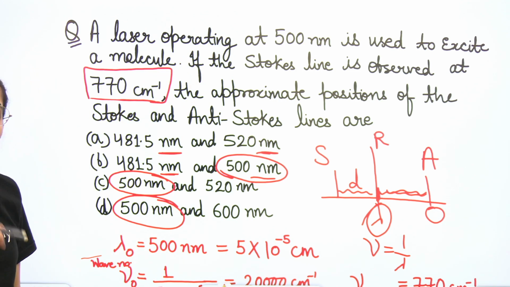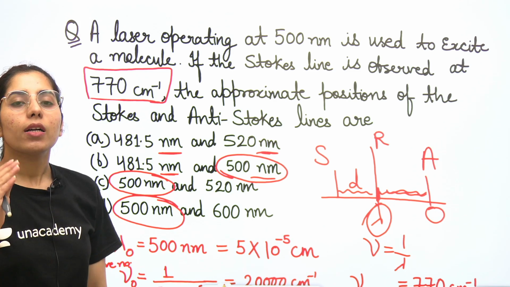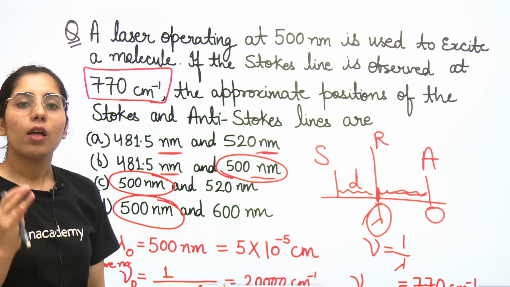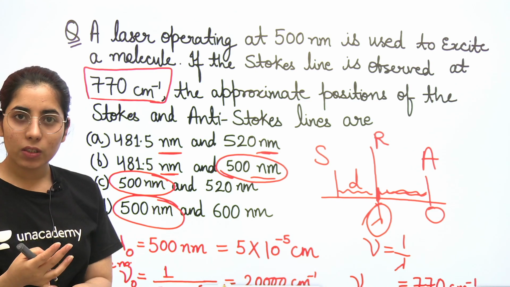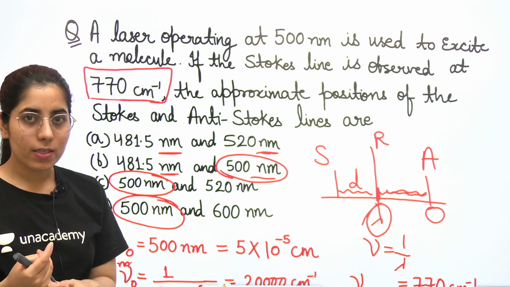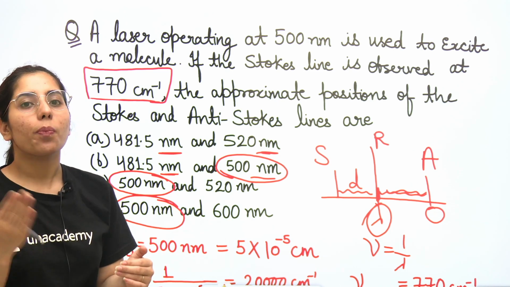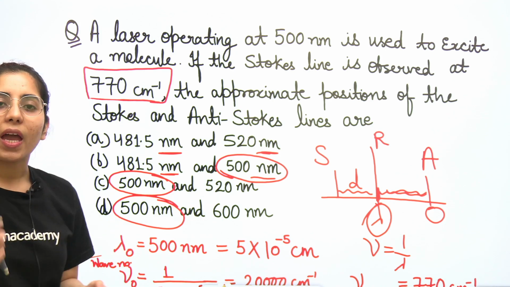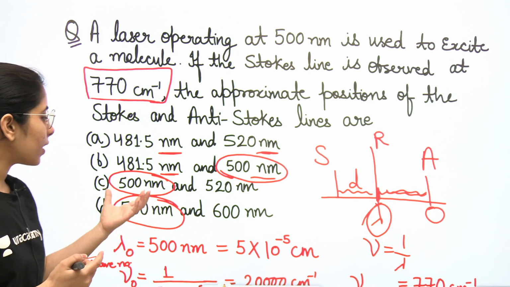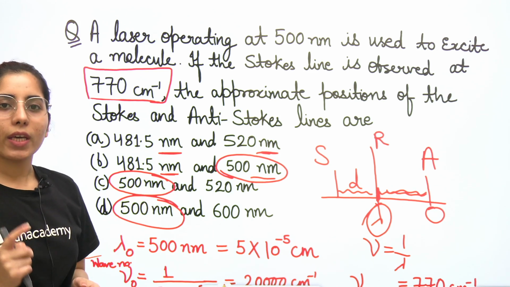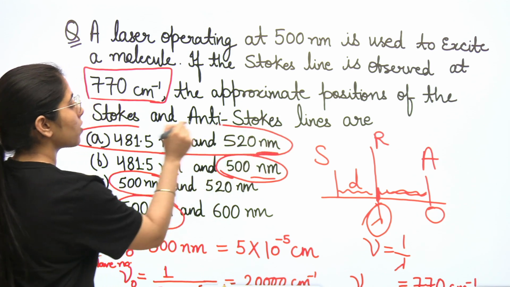Now we need to know one statement which I have already told you, that is we can't have the frequency of the Stokes and anti-Stokes lines same as the frequency of the laser at which we are operating. Clear? And frequency is related to wavelength too, so we can say we can't have the same wavelength values as well. Which means there is only one possible answer for this question, which is this one.